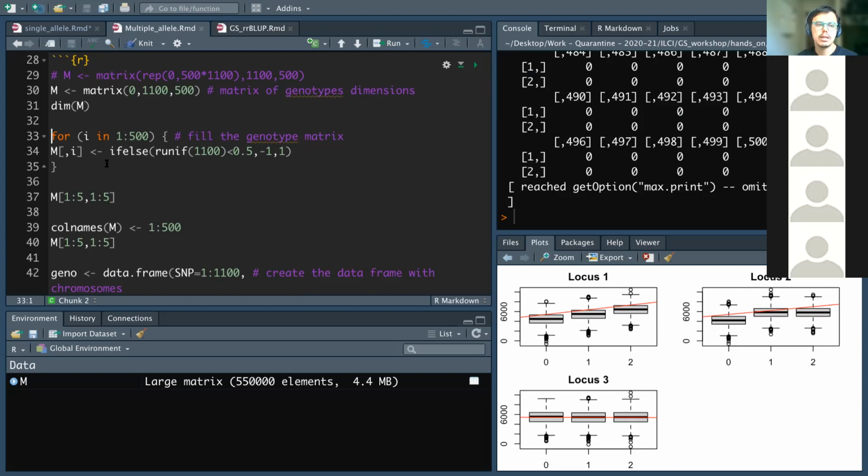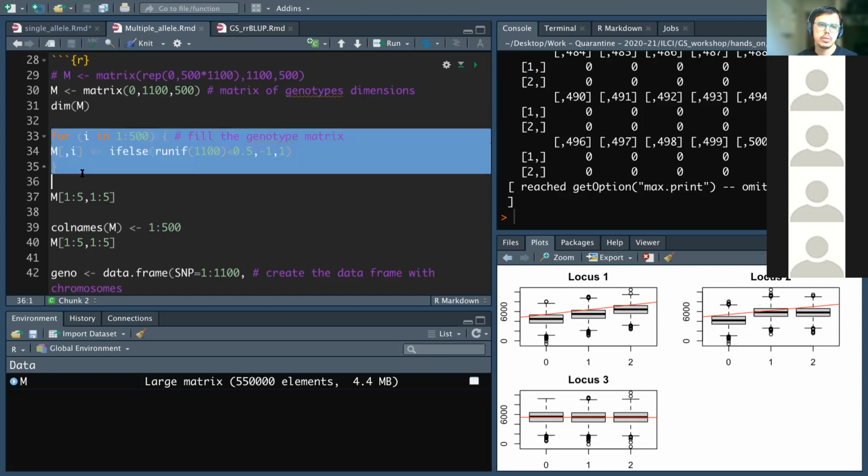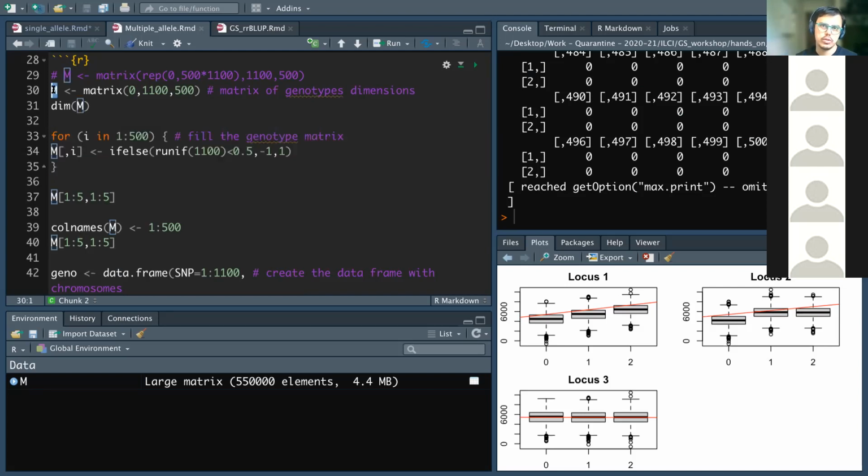What I'm doing here is filling the matrix that we just created with zeros, putting minus ones, negative ones, and positive ones into that matrix. Those negative ones and positive ones are going to represent the homozygous genotypes that we're going to use for our analysis.